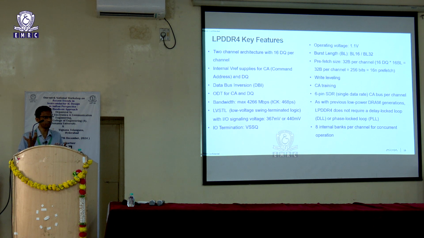Then you can enable multiple channels in your DRAM cell, so that you can have 2 parallel data outs now. Instead of 16 DQs, you can have 32 DQs come out of this using 2 different channels. LPDDR4 enables this. And then we have multiple internal supplies, we have data bus inversion scheme.